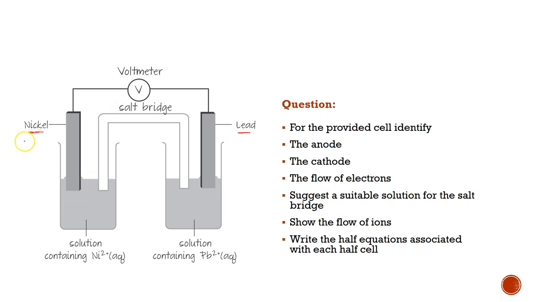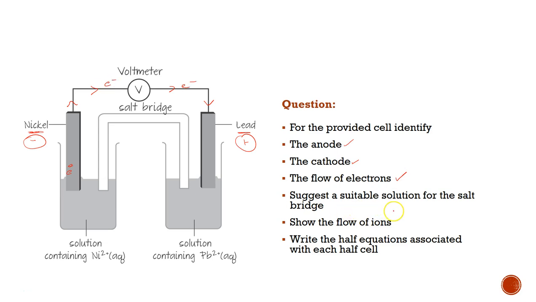So nickel solid should be my anode, this would be my cathode, and you would check this on your electrochemical series to see which one was more reactive. So from the anode, I'm going to be generating electrons. So my electron flow will go from anode to cathode, which means that I have now identified the anode, I've identified the cathode, I've shown the flow of electrons.